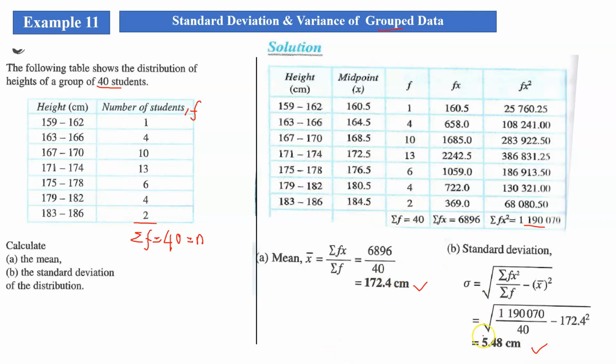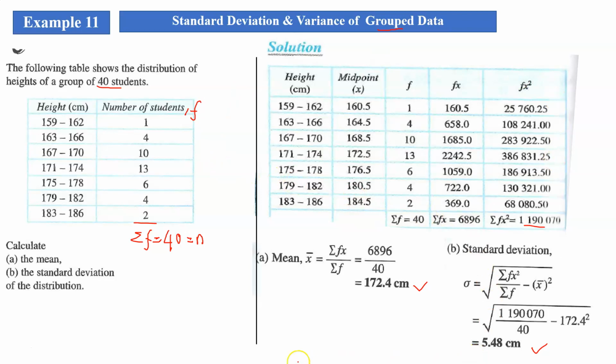Nampak macam susah. Actually tidak susah. It's quite easy because the whole thing is actually here. You kena tekan-tekan calculator je. Statistik ni you banyak tekan calculator saja. And the formula is already given. It's just that, walaupun formula tu diberikan kepada kamu, you need to know at least what is f, what is x, what is x bar.